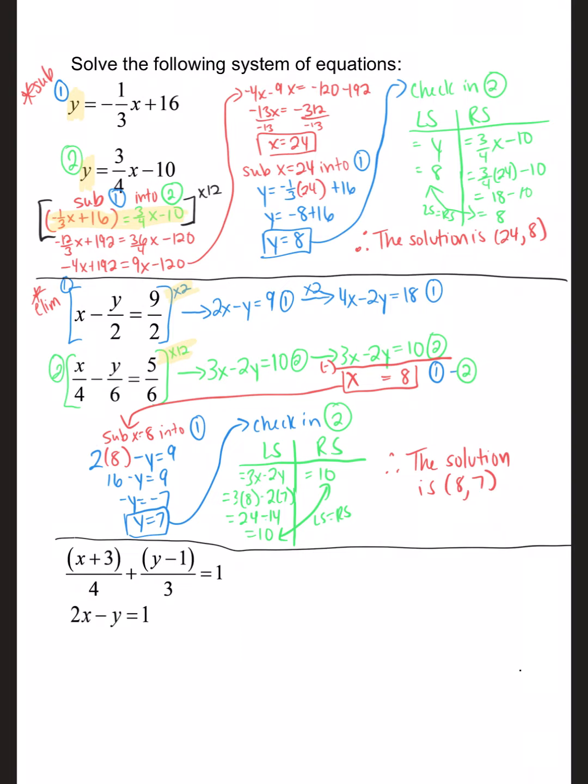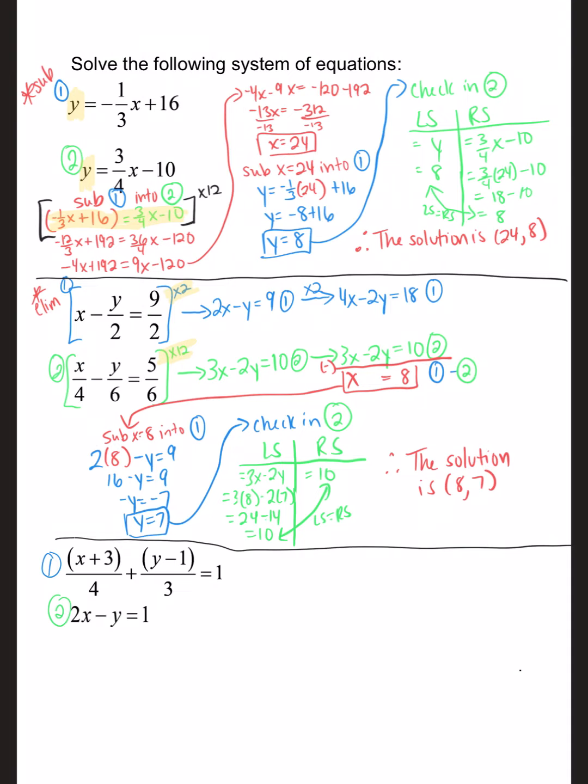Okay, this third one, I want to get us started together, and then I'm going to let you guys carry on with solving it. When we look at this first one, you could be thinking substitution, because maybe we could easily take equation 2, I'm just going to label these 1 and 2, and rearrange for y, but then we're still going to be plugging into all of these fractions, which are going to be difficult to deal with unless we clear them.